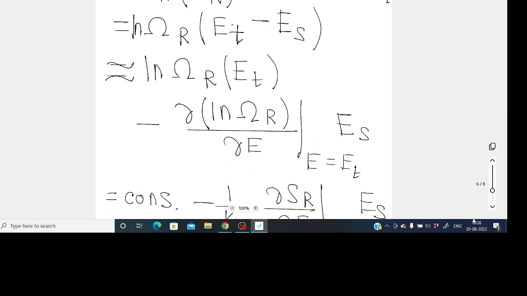Now I have just expanded in Taylor series up to first order in E_S because we have the condition E_S is much smaller than E_T.